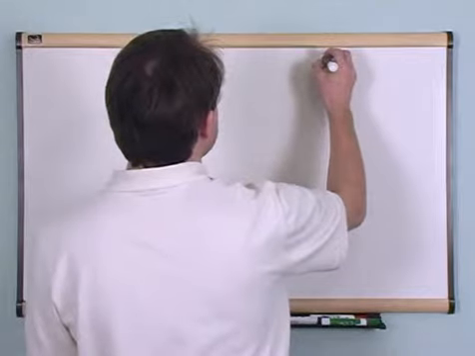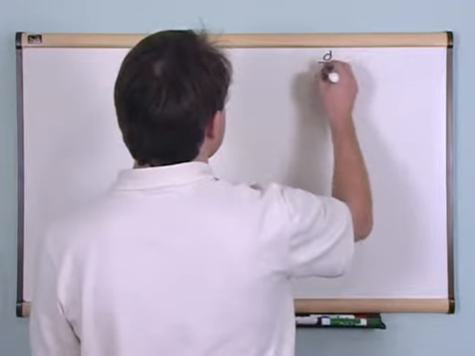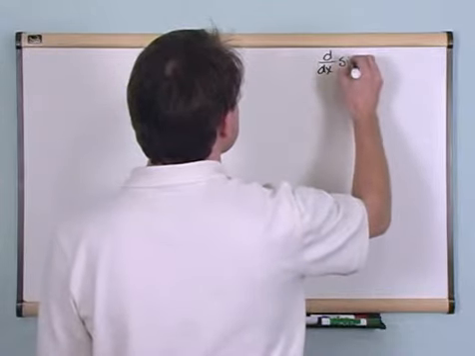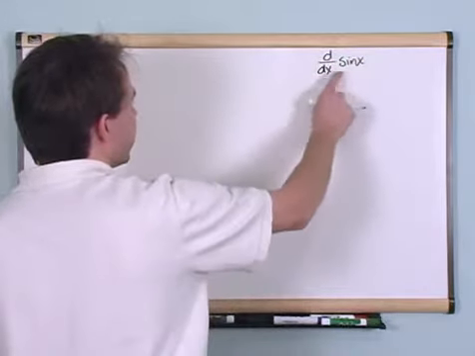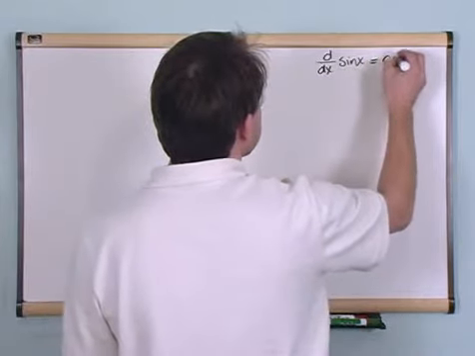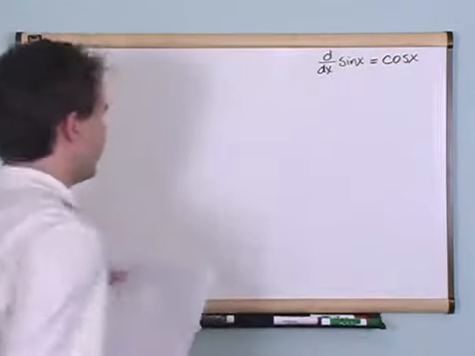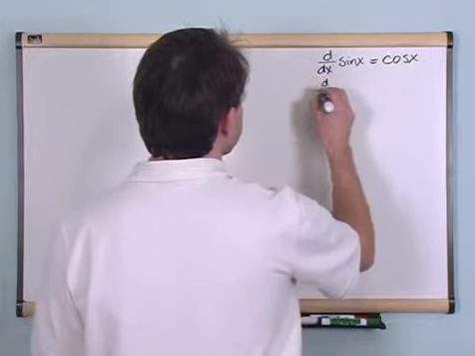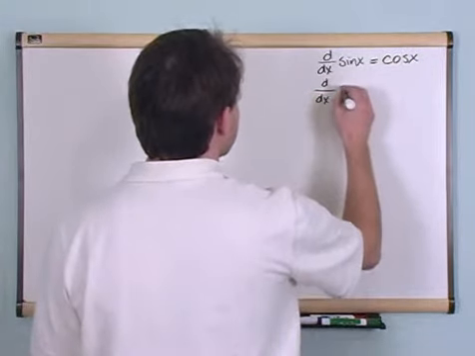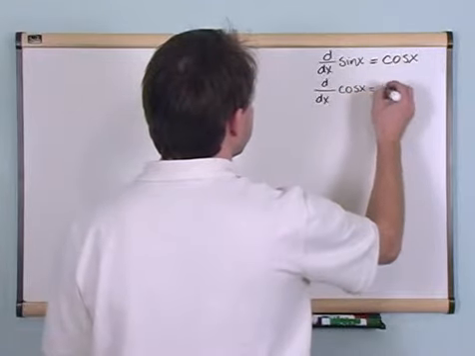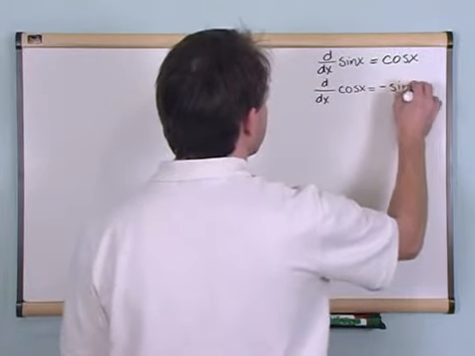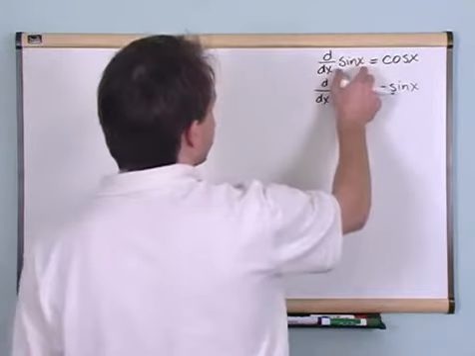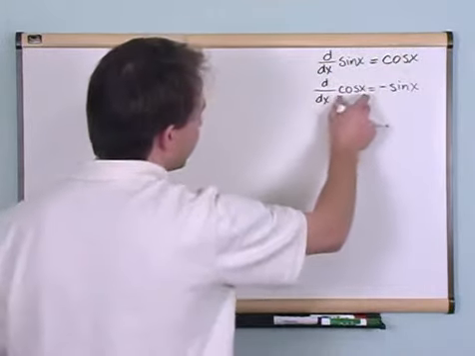So I'll just say that the derivative with respect to x of sine of x is equal to cosine of x. Okay? So derivative of sine is cosine. The derivative of cosine is just simply negative sine x. So you see, these are kind of cool already because derivative of sine is cosine and derivative of cosine is negative sine.